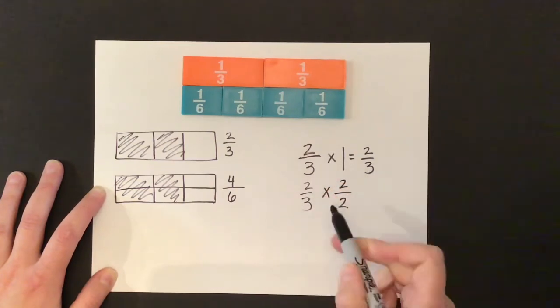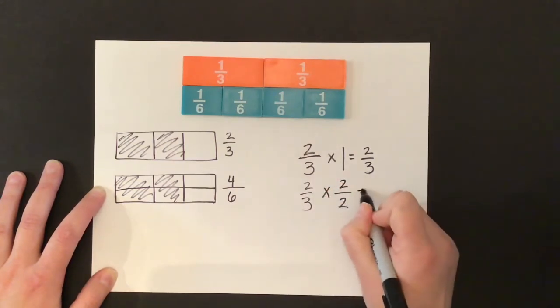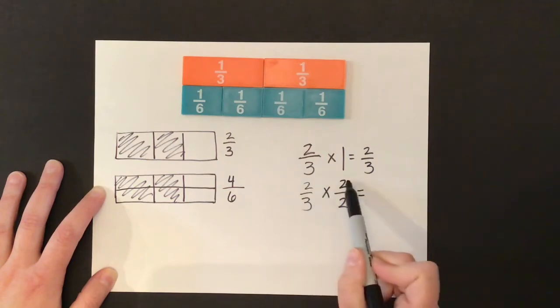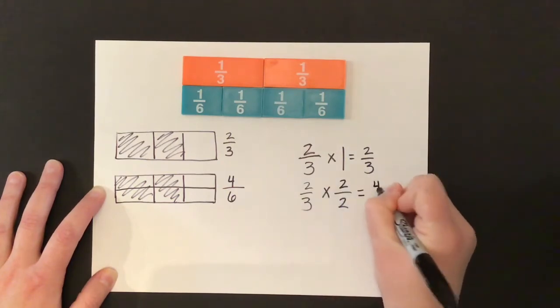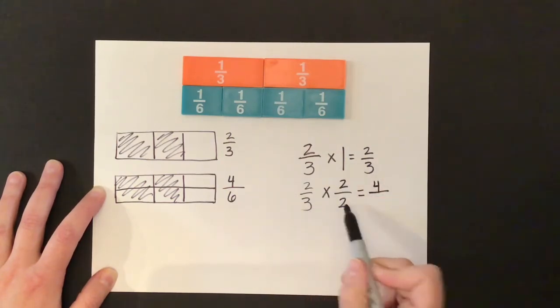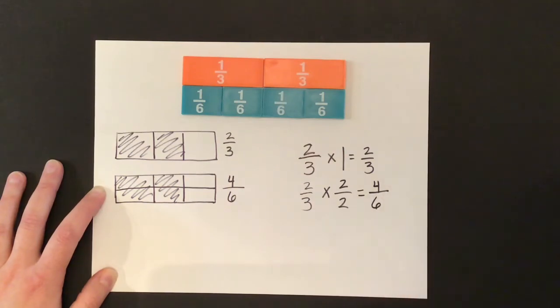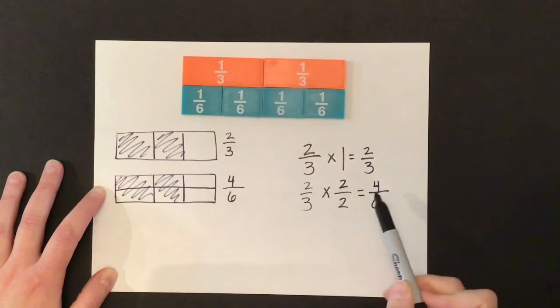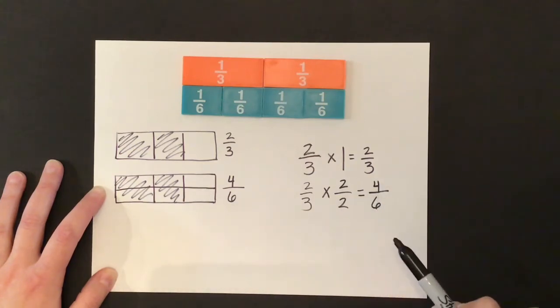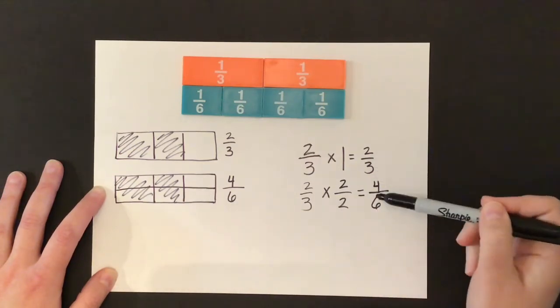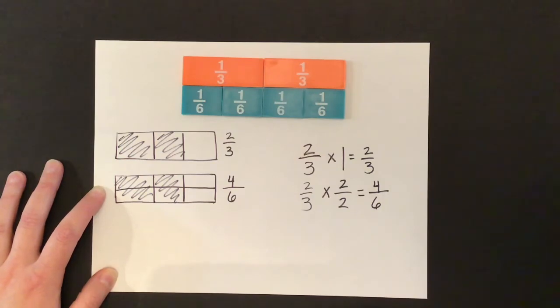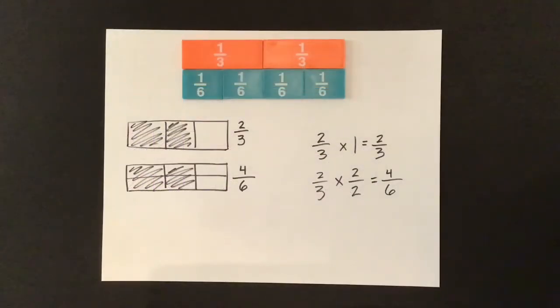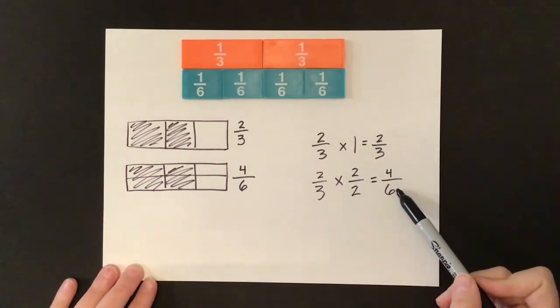So we'll do 2/3 times 2/2, and we get 2 times 2 is 4, and 3 times 2 is 6. So now we're working with 6ths, and there's 4 pieces that are shaded in. These two fractions are equivalent. So I found one equivalent fraction. Could I find another equivalent fraction?